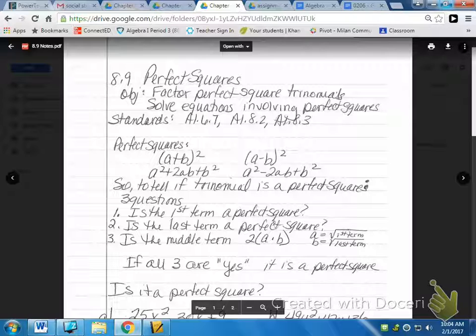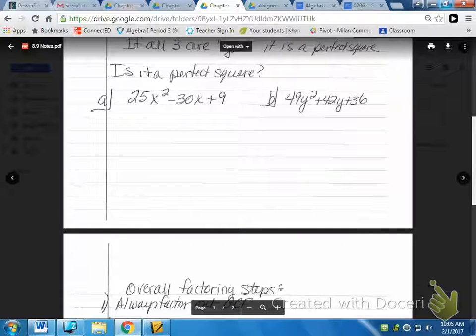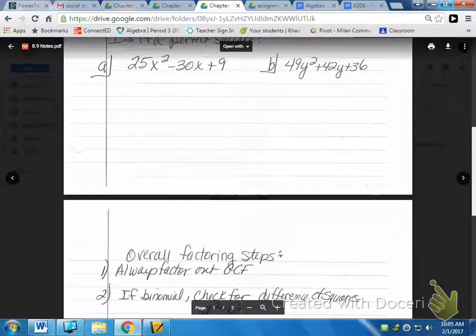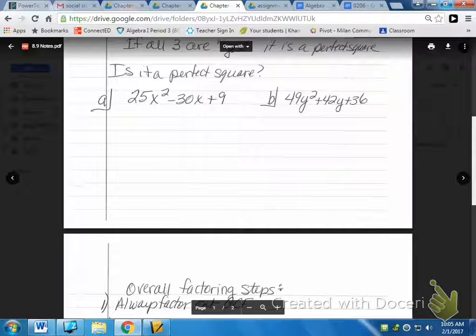So let's go right to an example then to see what we're talking about here. Is it a perfect square? 25x squared minus 30x plus 9. Okay, so I'm going to do it like this. Question 1. Is 25x squared a perfect square? Yes. What is its square root? 5x. So write down 5x off to the side.